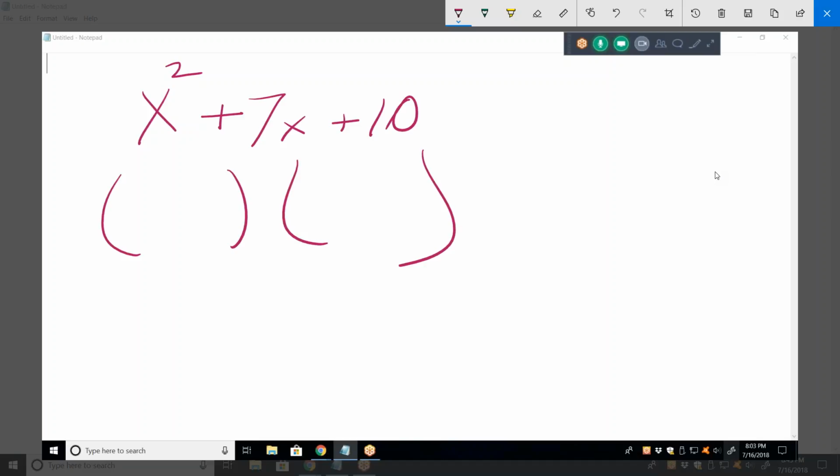I don't need equals 0. They're going to give you both kinds, where they're going to give you an equation and they say solve the equation, and in order to solve it you have to factor it. Sometimes they're just going to give you a quadratic expression, which is what I've given you here. They want you to factor it into two things that when multiplied together equals that.